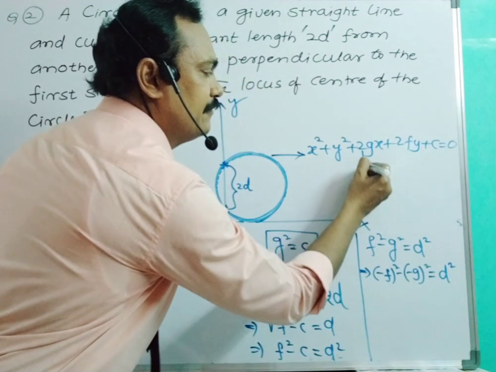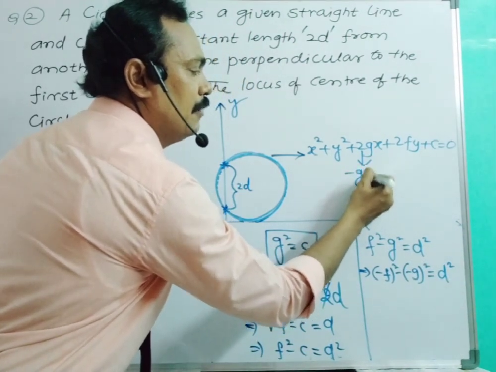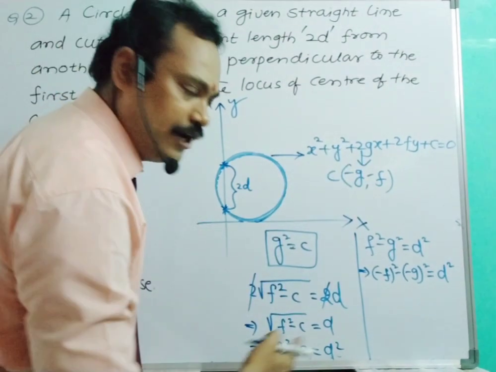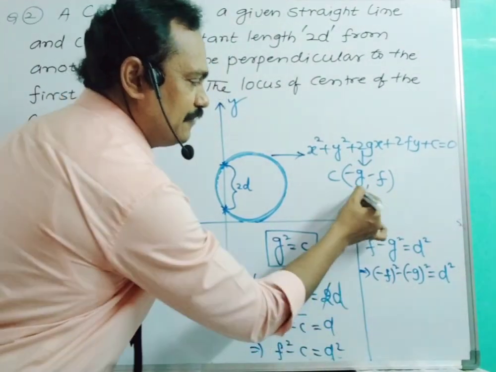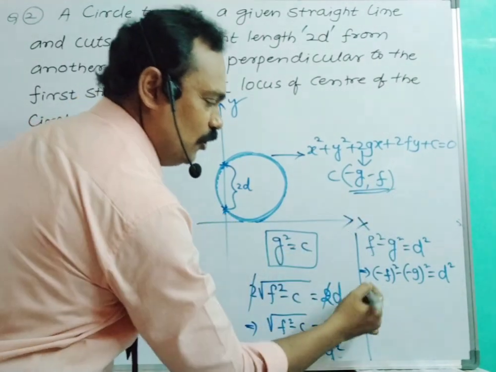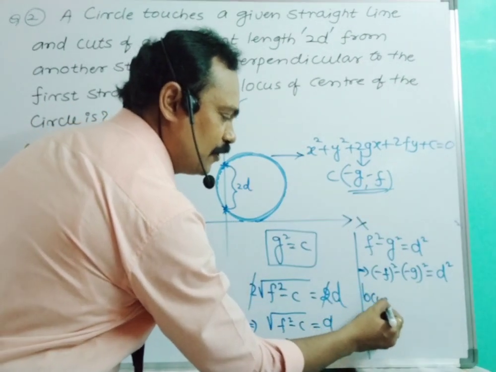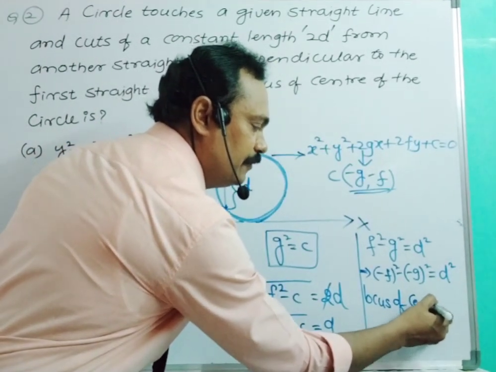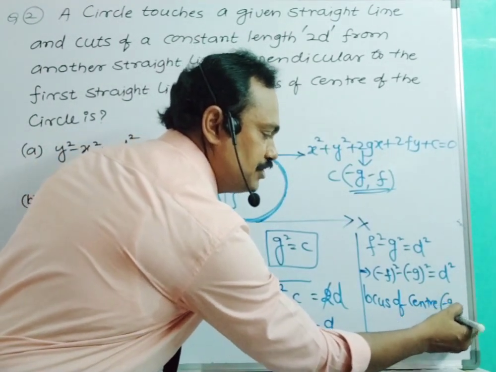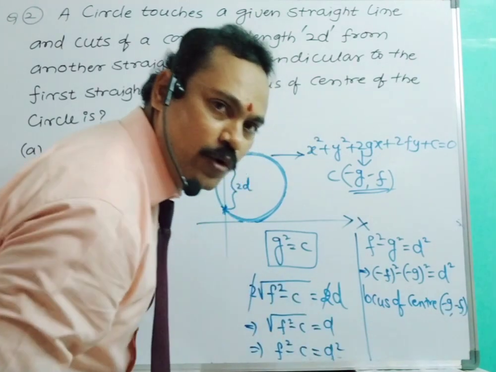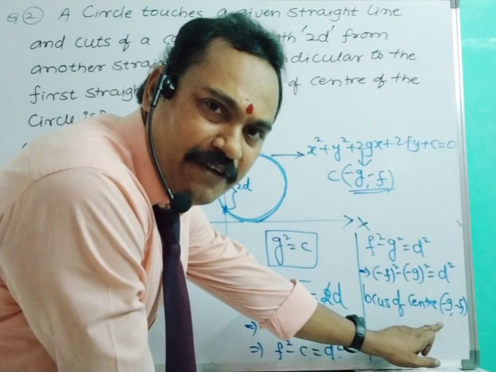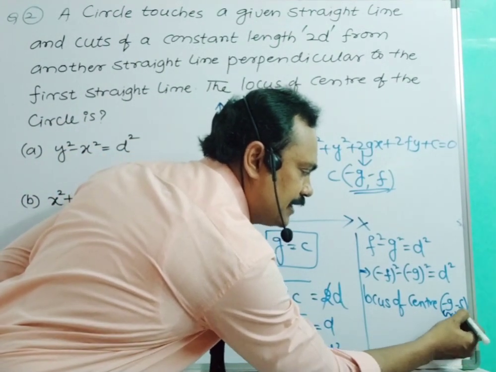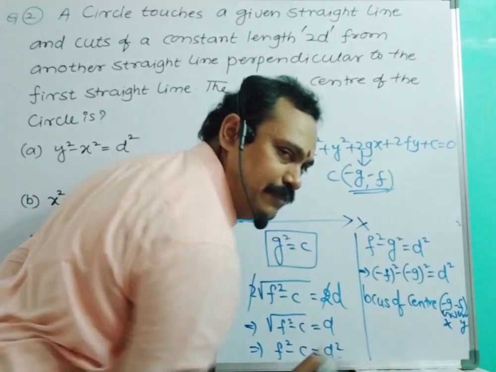What is the center of the circle? Minus g comma minus f. This is the center of the circle, right? Now you have to conclude the locus of the center. When you find the locus of a point, the x coordinate should be replaced by x, and the y coordinate by y.